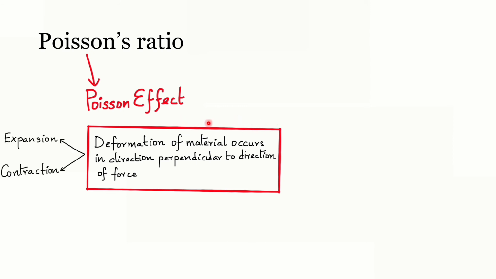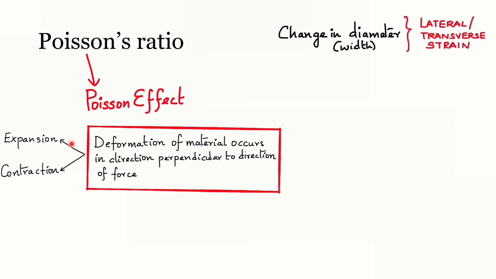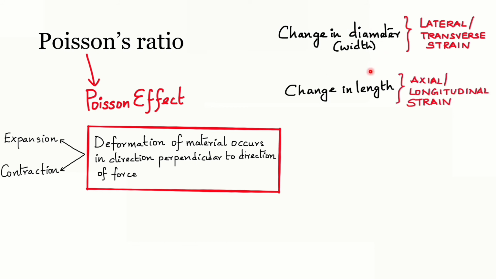The deformation can be either expansion or elongation, or contraction or shortening. Now, this change in dimension can happen to the width, which is what you call a lateral or transverse strain, or this change can happen to the length of the material, which is an axial or longitudinal strain.